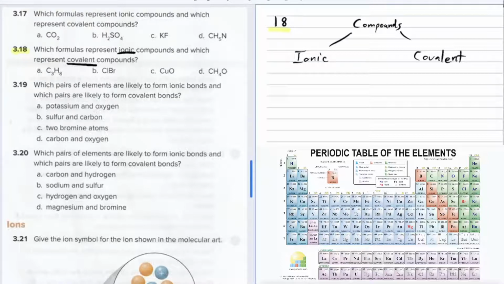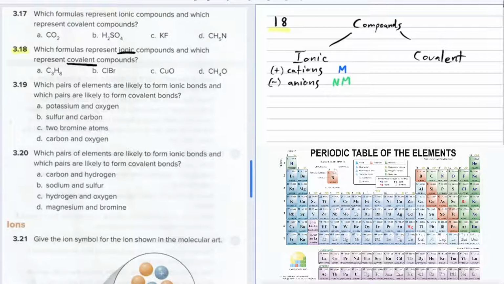And first, let's remember that ionic compounds are made of positive and negative ions. The positive ions are called the cations, and the negative ones are called the anions. 99.99% of the time, the cations are made of metals, and the anions are made of nonmetals.